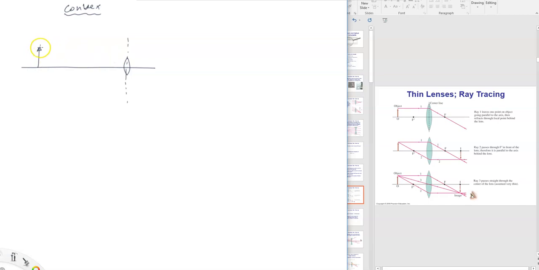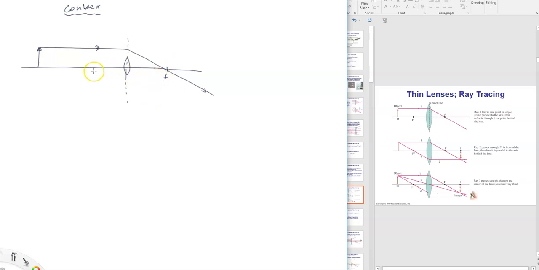The light that comes parallel to the principal axis bends and goes through F, the focal point. Remember, in the mirror it reflects and goes through F. Here it bends and goes through F.